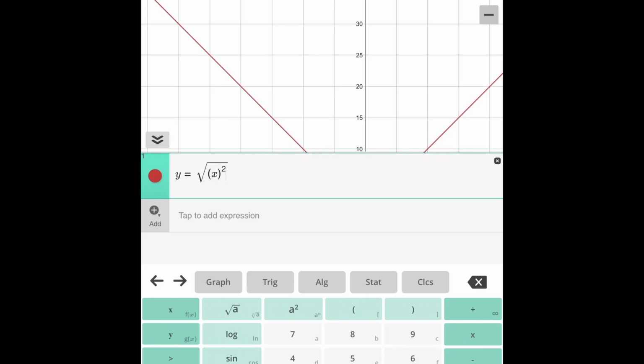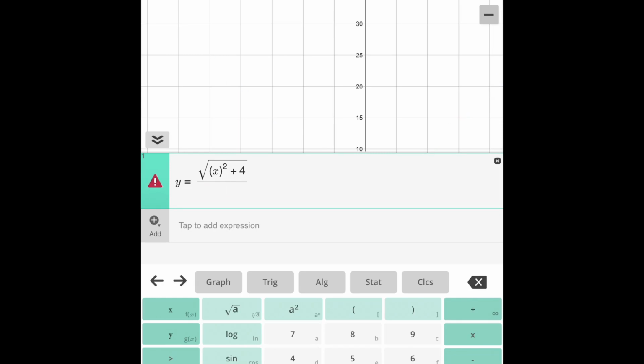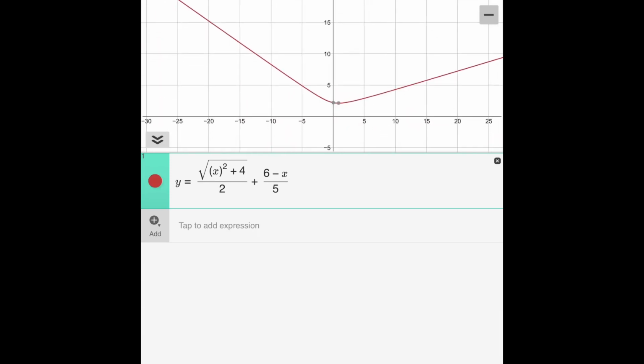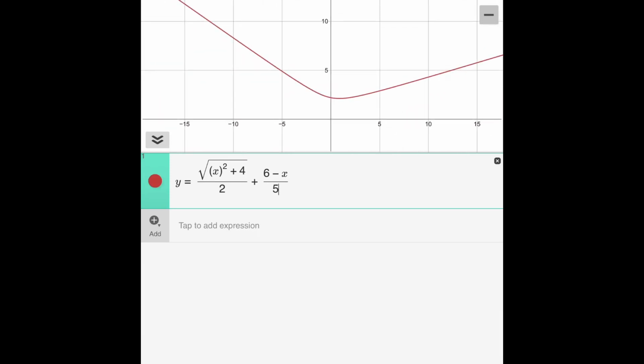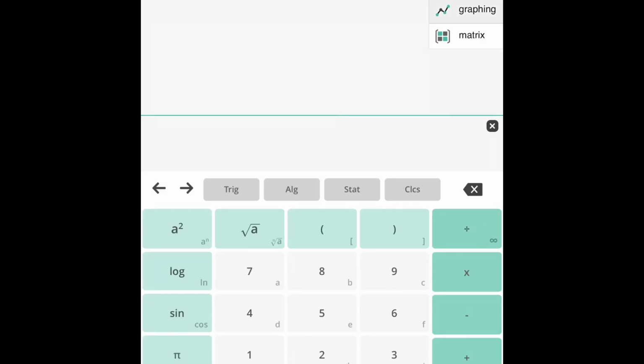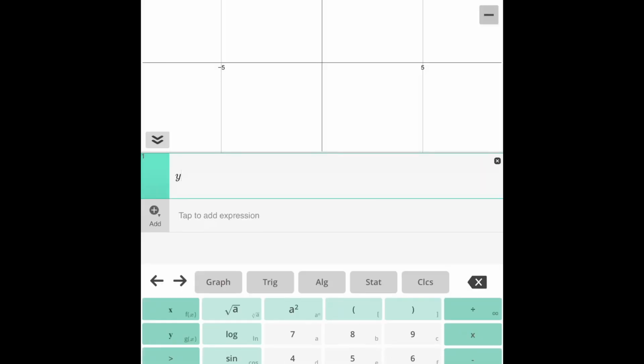So this is y equals the square root of x squared plus 4 divided by 2 plus 6 minus x divided by 5. And what we want to look for is the minimum. The minimum happens, hopefully, if I can click on it, which for some reason it's not letting me.